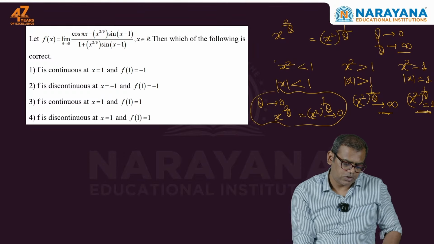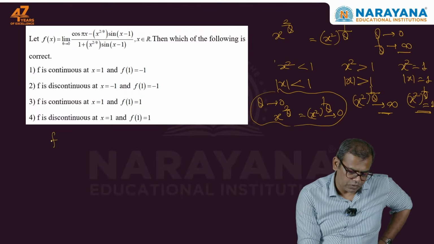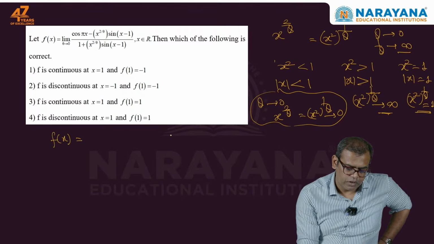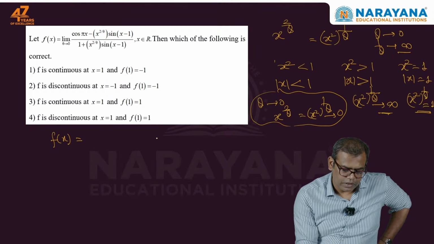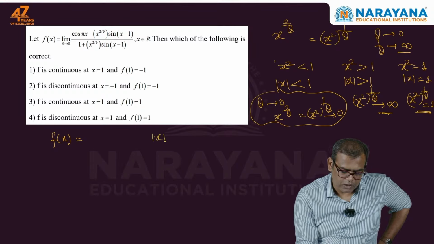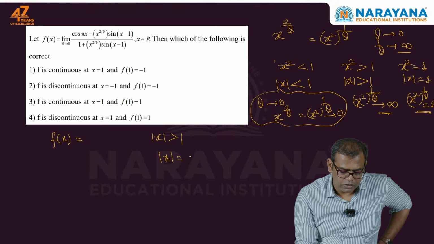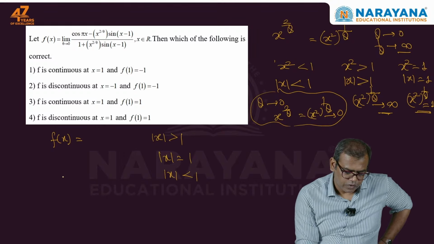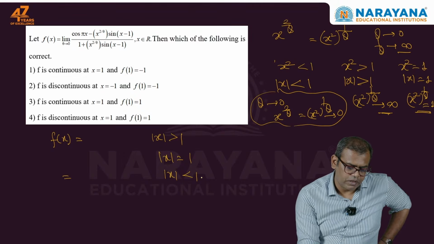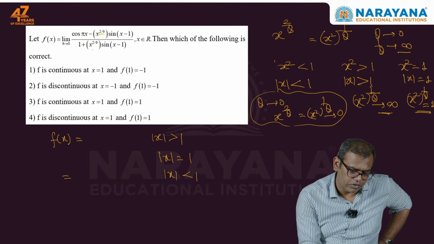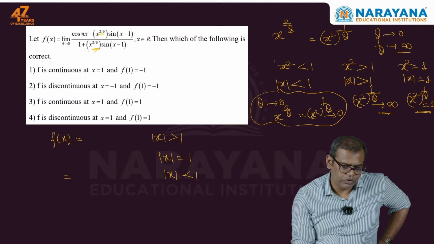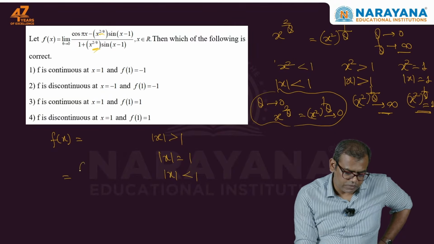So write these functions now. f of x is equal to, here write mod x greater than 1, mod x is equal to 1, and mod x less than 1. If mod x is less than 1, then this term will become 0, and then the function will be left with cos pi x.